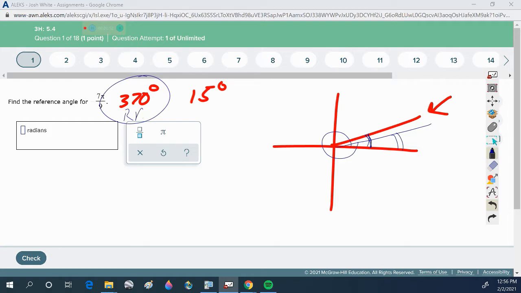The reference angle is the one we use to build our triangles, and reference angles are always 90 degrees or less. Fewer. Oh man, I just committed the unpardonable. I mixed up my lesson more.